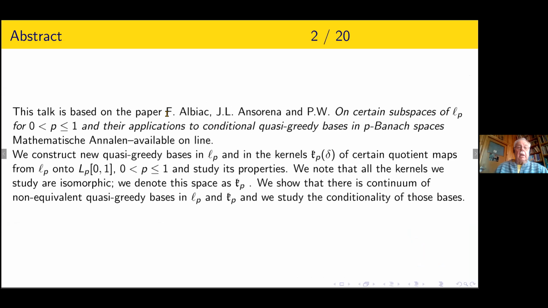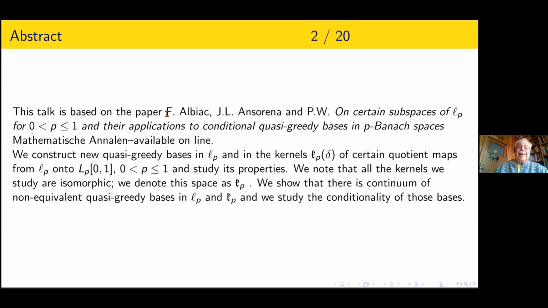In reality, it deals only with the little ℓp space, and certain quotient kernels of the quotient maps from ℓp onto capital Lp. To the old people like me, you can recall that this kernel in the case p equal 1 was introduced by Joram Lindenstrauss as an example of a kind of strange space.